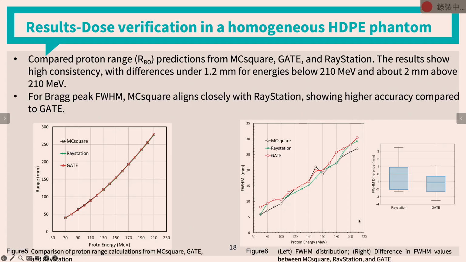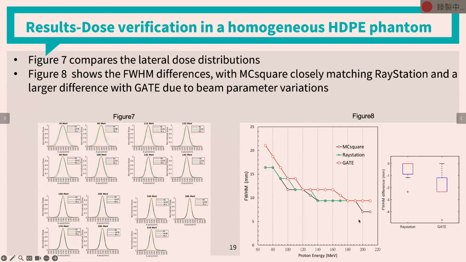And next, figure 7 shows the lateral dose distribution for MC², GATE and RayStation. At low energies, MC² and GATE differ more, but at high energies, the distributions align. Figure 8 shows the FWHM trend with energy, and except for 70 MeV, where the difference is larger, the FWHM differences are within 2.5 millimeter for the other energies.